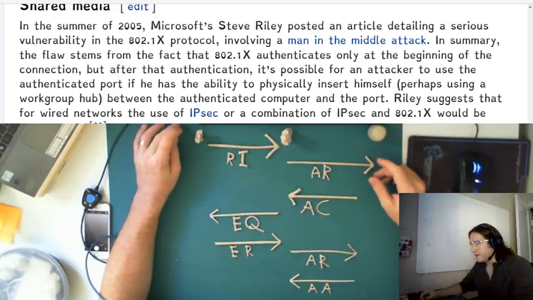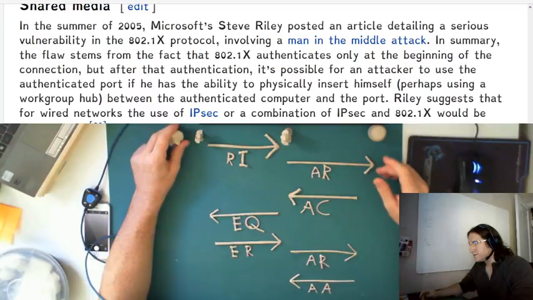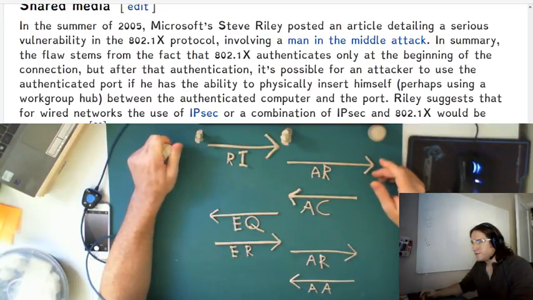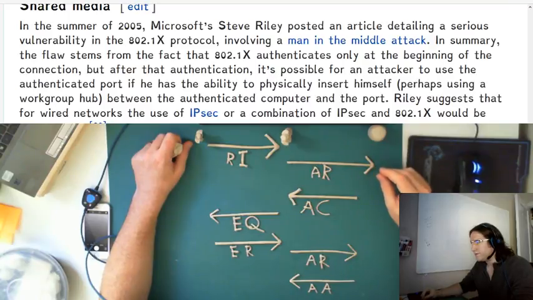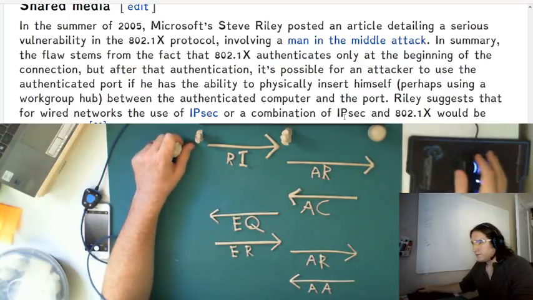After that authentication, it is possible for an attacker to use the authenticated port if he has the ability to physically insert himself, perhaps using a workgroup hub between the authenticated computer and the port. Riley suggests that for wired networks, the use of IPsec or a combination of IPsec and 802.1x would be more secure.